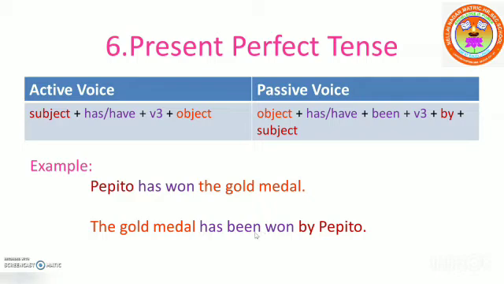Here the change we made is that we should change the verb "won" into "been won". So we add the word "been" in this passive voice, and the subject Pepito becomes "by Pepito". Pepito is the name of a person, so we should not change it. We should use the same name.